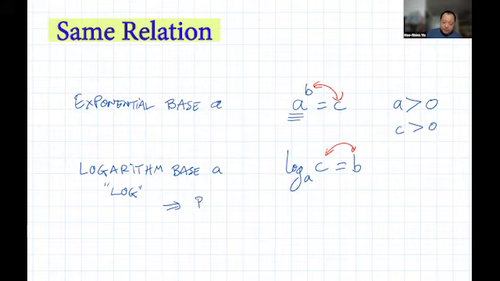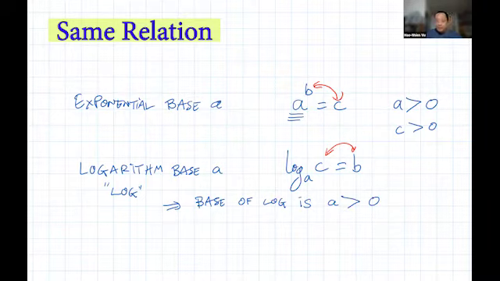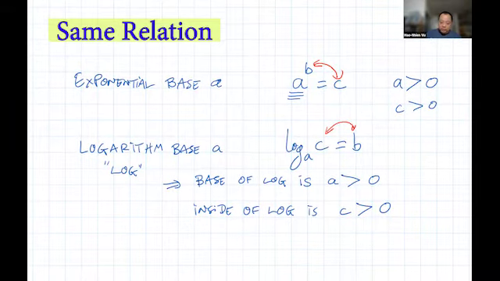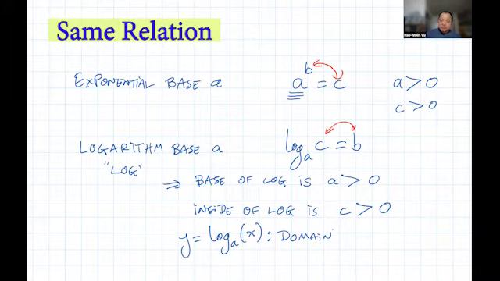That means the base of a log is going to be a number a that's always positive. And the c is a number inside the logarithm. It's also going to be a number c that's positive. In other words, if you think in terms of the function y is equal to log base a of some number x, then the domain of logarithm is x positive.